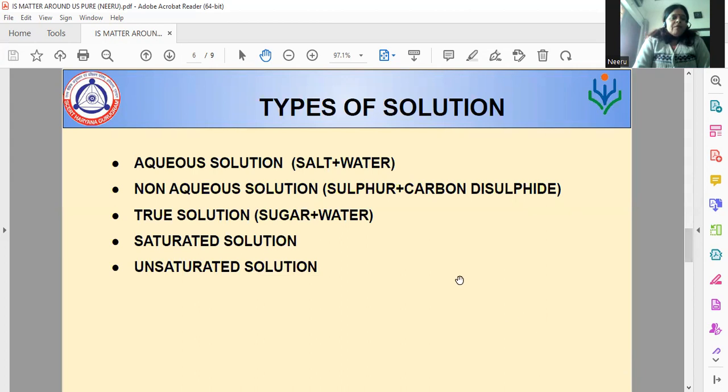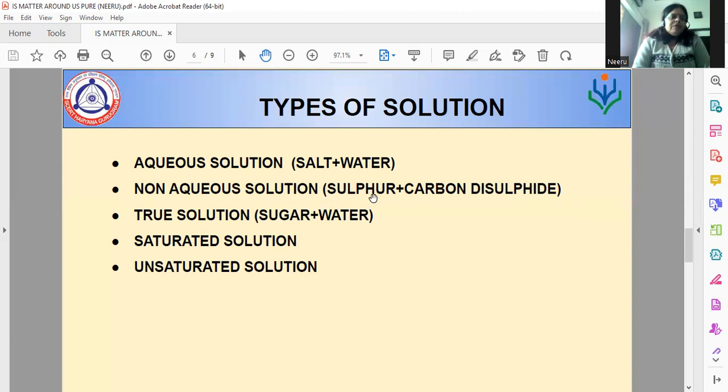Then here we have types of solution. If it is an aqueous solution, one of the major components is water. Aqua means water, like a salt and water solution is an aqueous solution, whereas a non-aqueous solution doesn't have water.